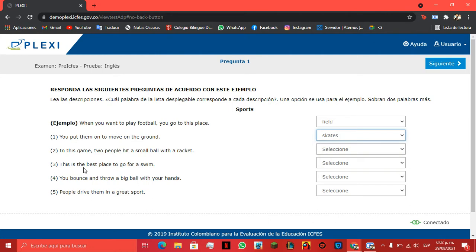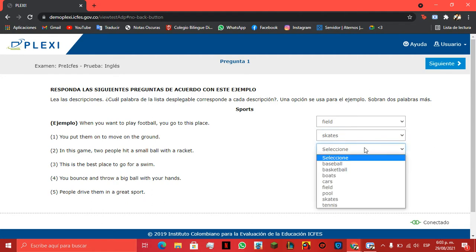The next one is number two. In this game, two people hit a small ball with a racket. So this game is associated with sport, and we have baseball, basketball, and tennis.